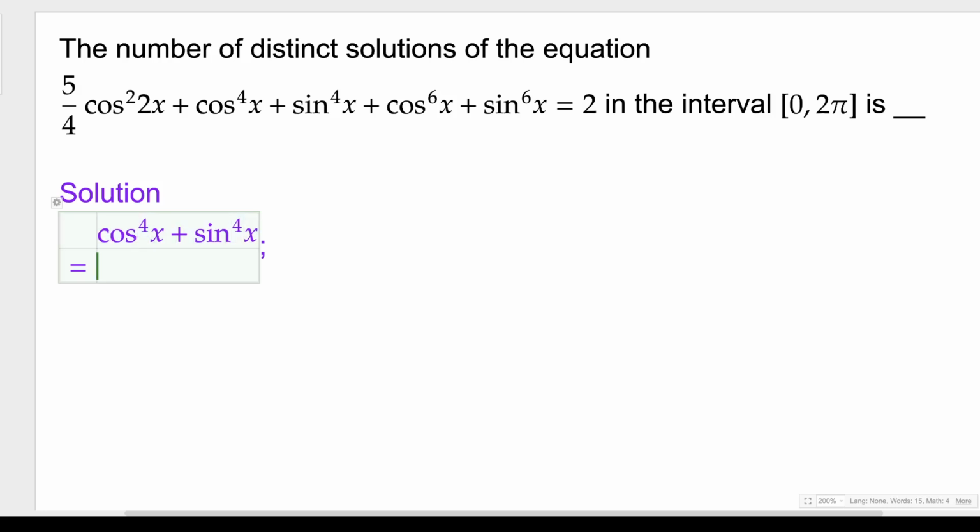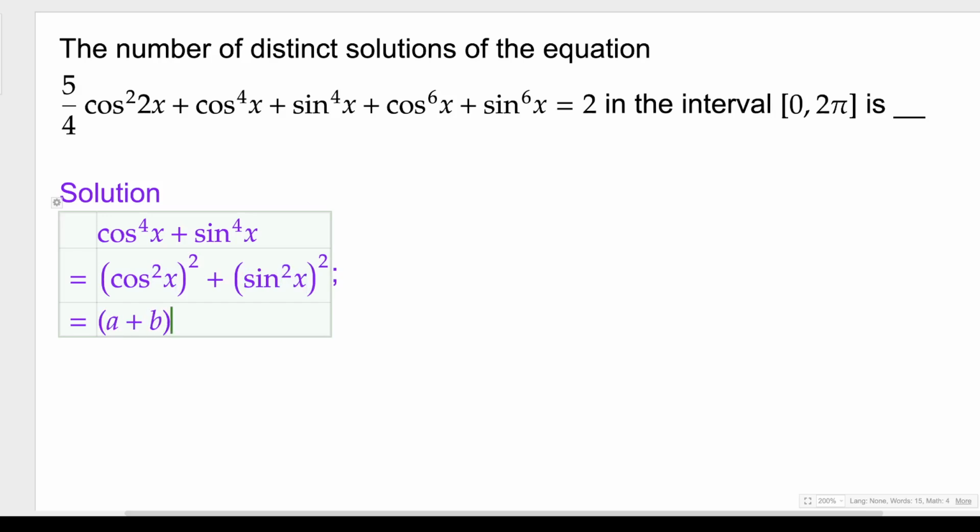So this very same expression can be written with cos x squared, and again squared over here, sin x squared, and this is again squared. Now this is in the format of a square plus b square, so that can be written as a plus b whole squared minus 2ab.